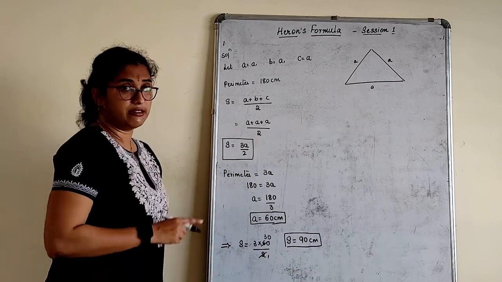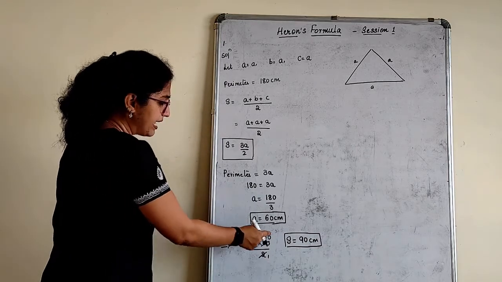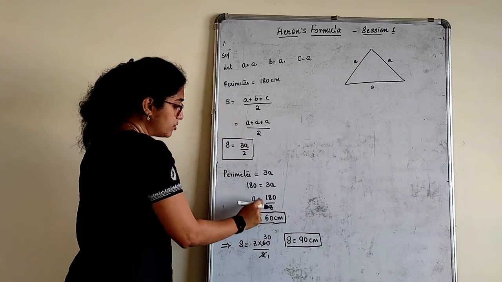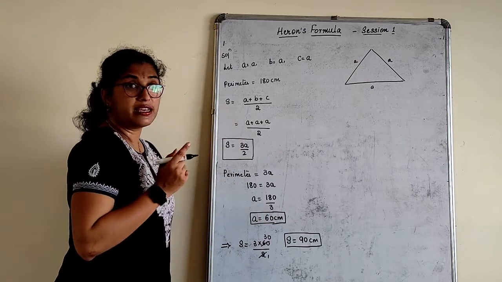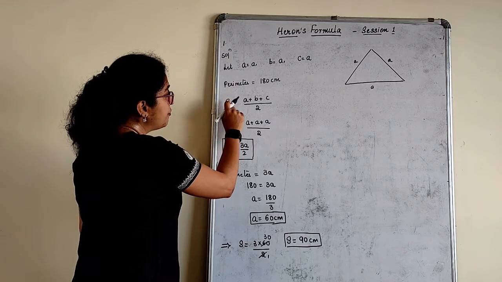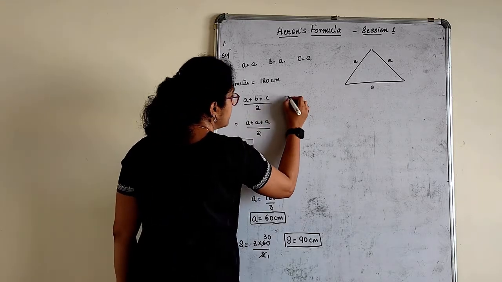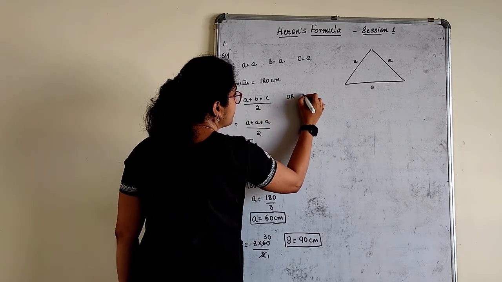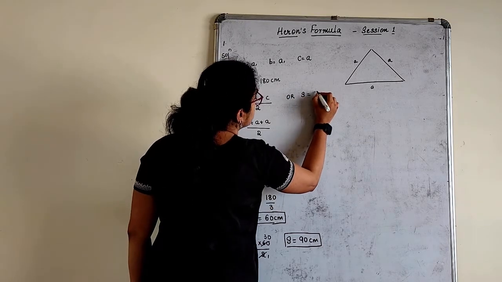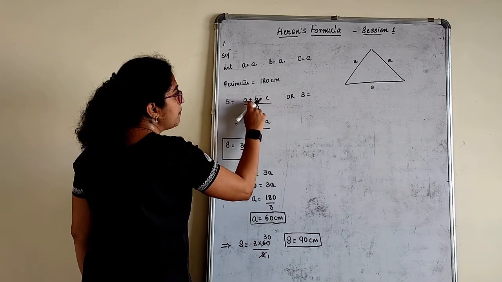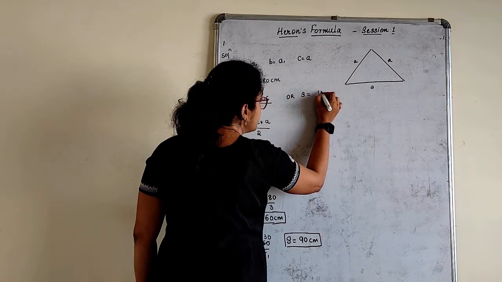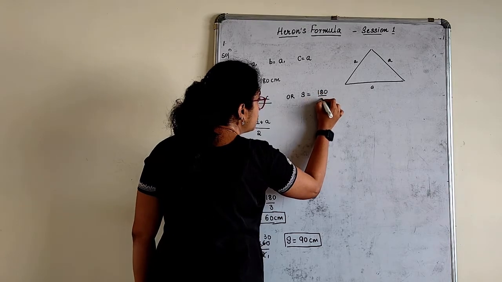Now is this very clear, children? One more thing. I can find s directly. I had done this only to find a here, because a is required. In the whole formula we require a. I can also find s directly. See here. s is equal to a plus b plus c by 2, and a plus b plus c is what? Perimeter. So I can write here 180 by 2 directly.